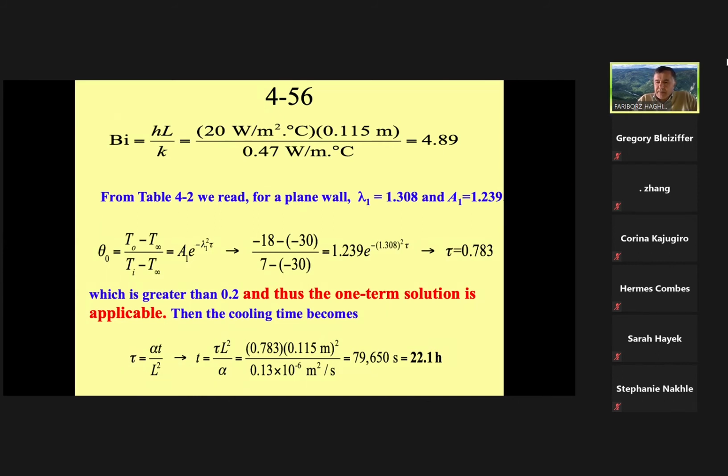Okay. Now, you're engineers, right? And this is an engineering class, right? Yes? Okay. 22 hours. Do you think in reality it goes faster than that, or is it longer than that? It should be faster.